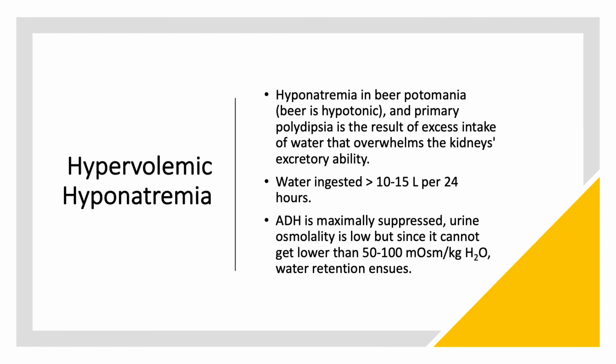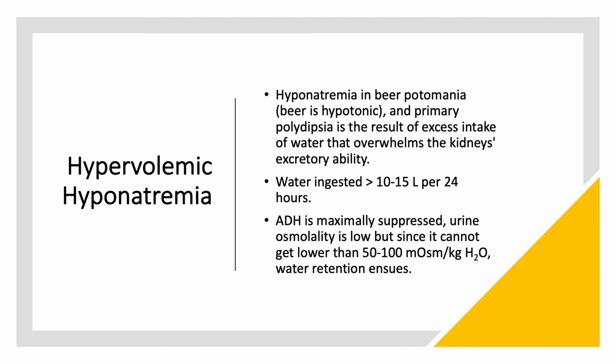What about patients with beer potomania? These patients drink a lot of beer, and beer is hypotonic. Same situation with patients with primary polydipsia. Usually these patients have psychiatric disorders. They drink so much water that it overwhelms the kidney's ability to excrete it.